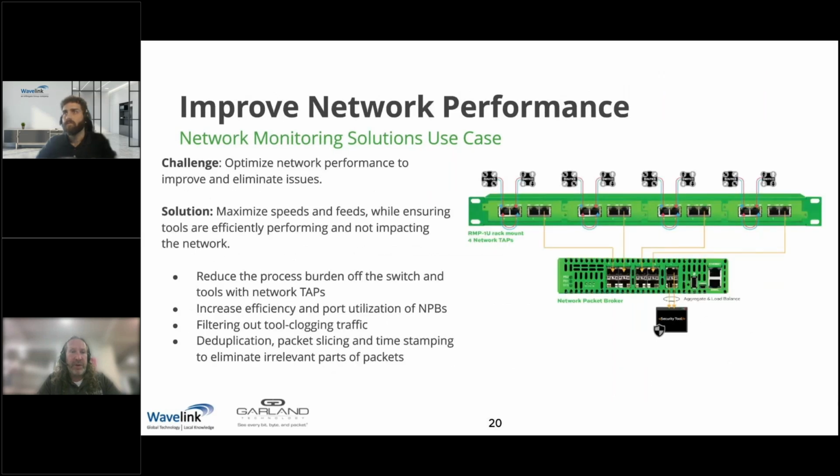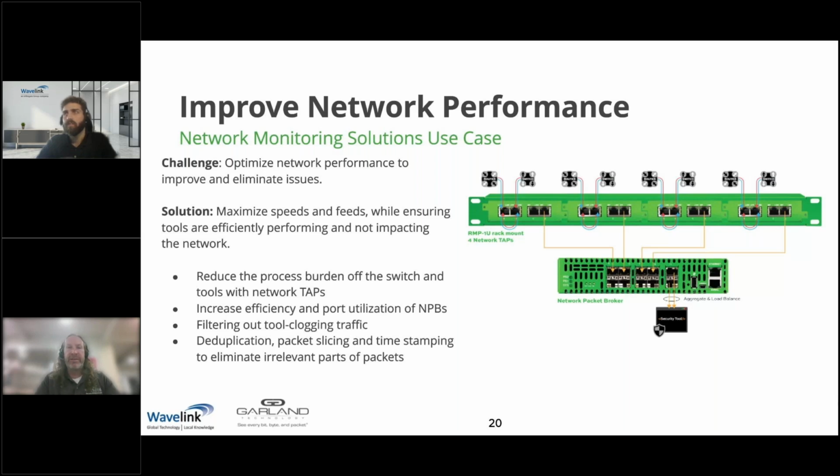And with network performance, we talk a lot about security. But the nice thing is once you start building out an out-of-band network for security monitoring, you can also utilize this for performance. So this is a simple example of where we're taking traffic in from some network taps, bringing it into a packet broker, and having the ability to not only send that traffic to your security tools but also to performance monitoring tools.